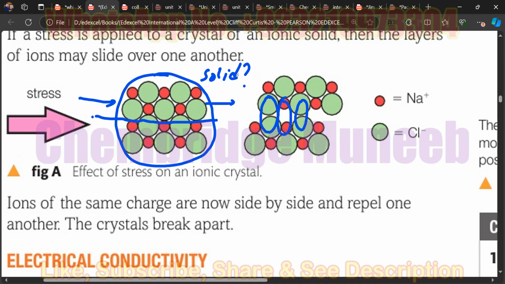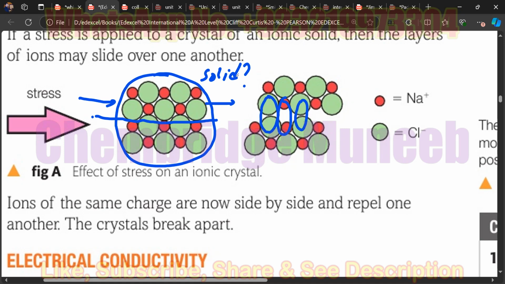No. Why? Because there's no movement of electrons, charges cannot flow.